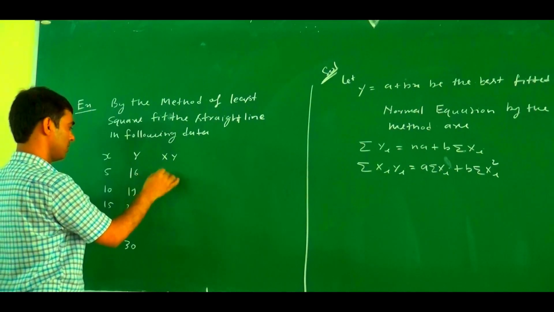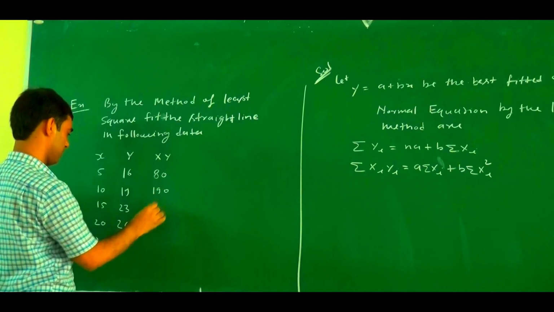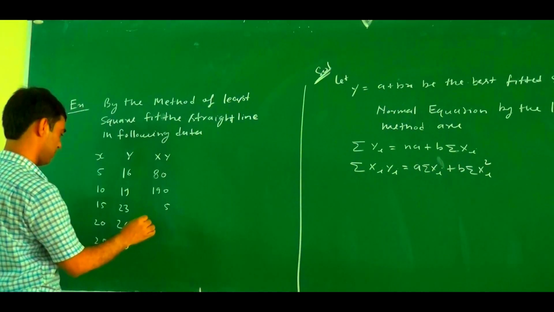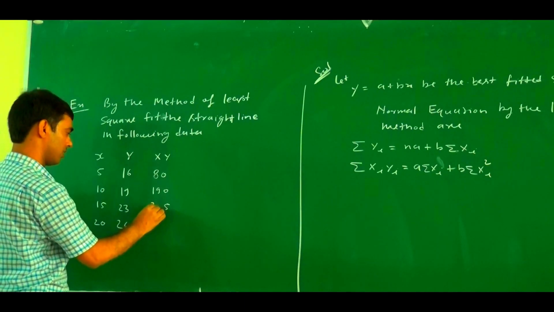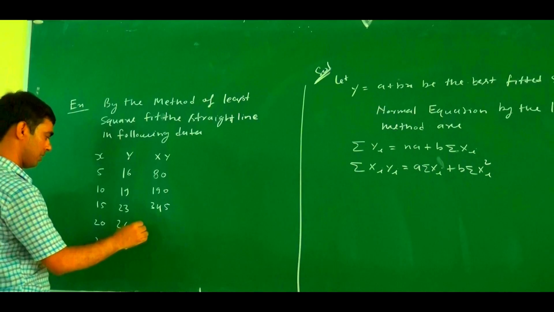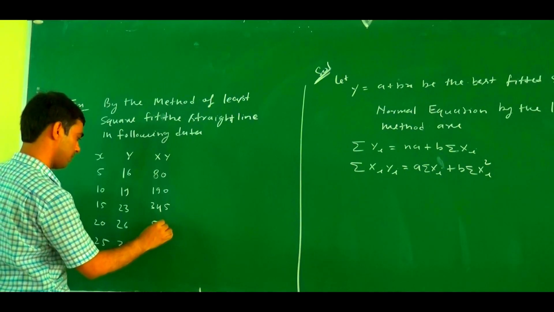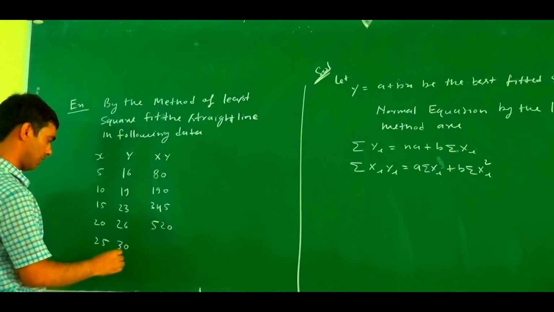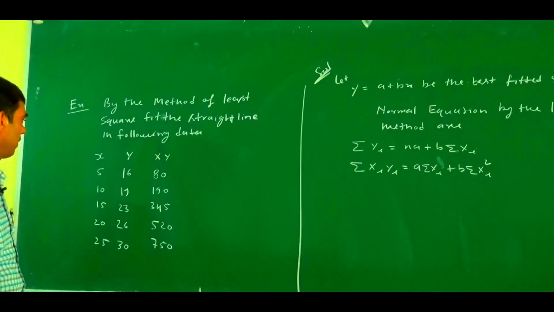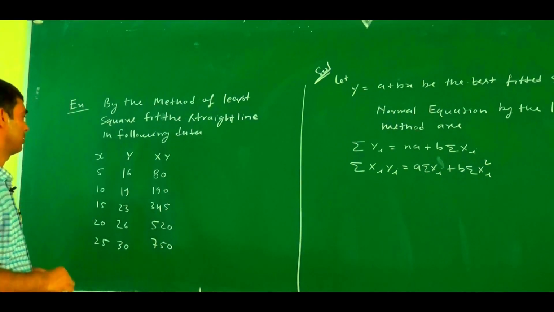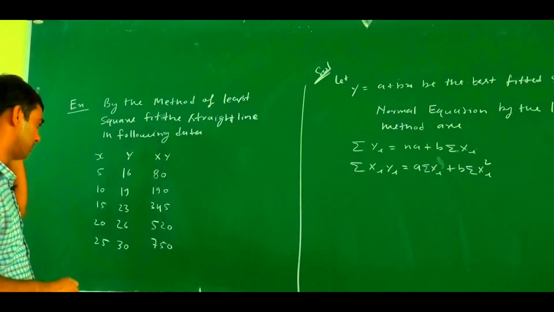This one is 80, this one is 190, this one is 345, and this becomes 520, and this becomes 750. These are the values of xy.